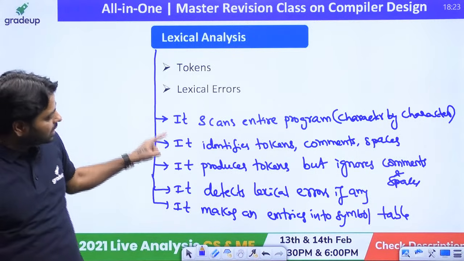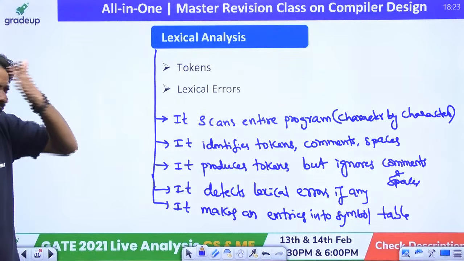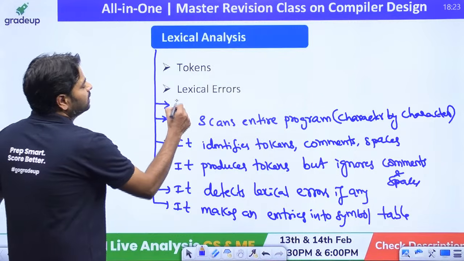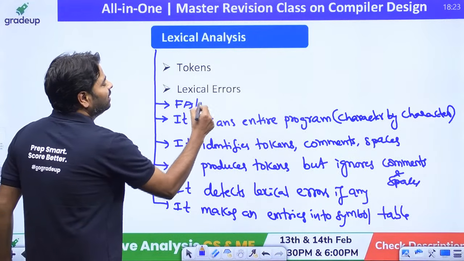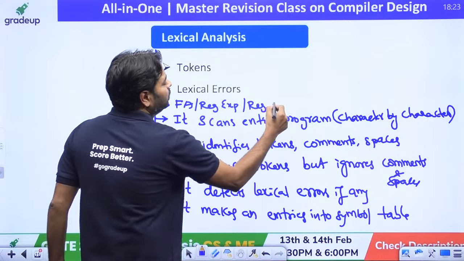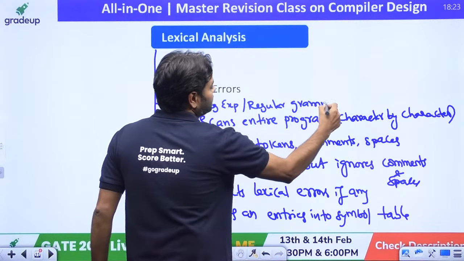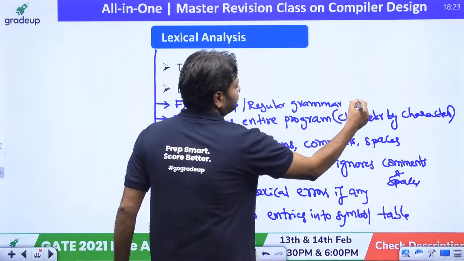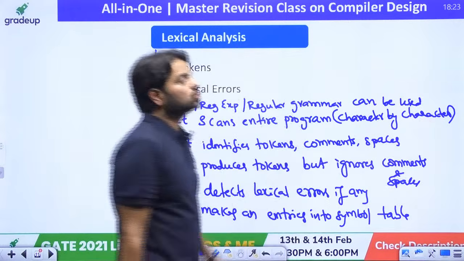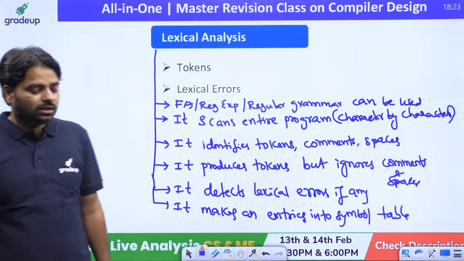Yes. So these are the points that you require for the exam. And there is one more. Who is going to help? Finite automata or regular expression or regular grammar can be used to design this lexical analysis. So these are the points you require.